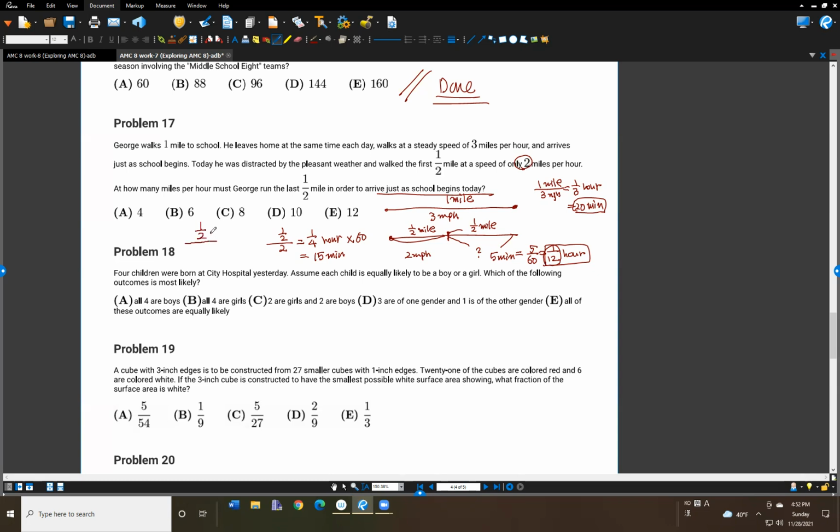The time is in hours, not minutes, right? Can you find the speed in miles per hour? So 5 minutes is 1/12 hours. Speed is distance over time, okay?